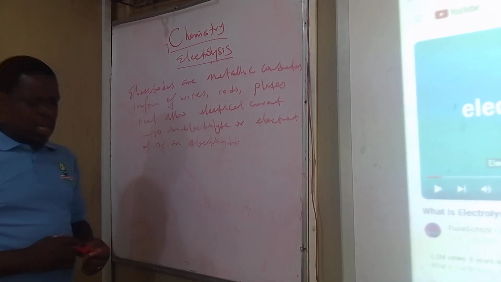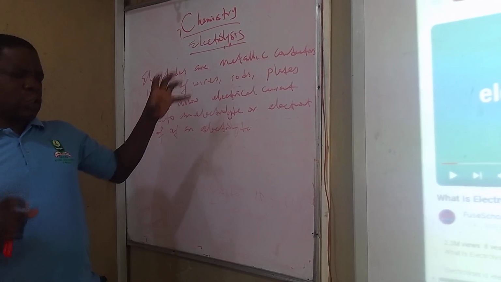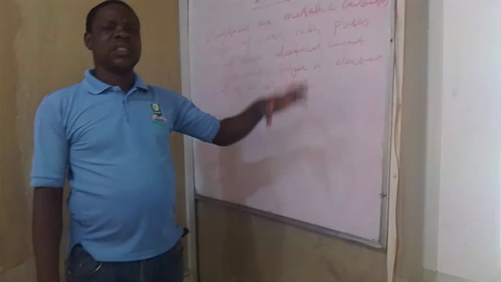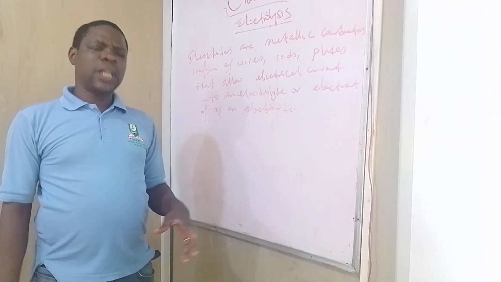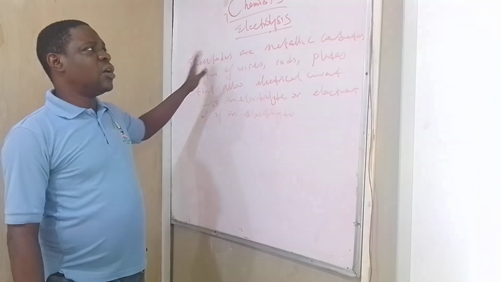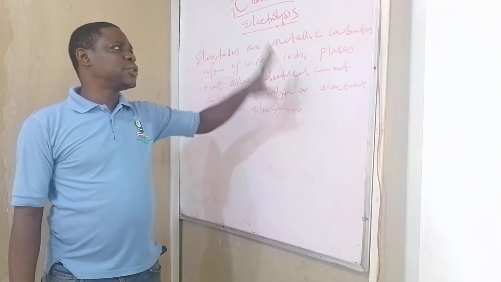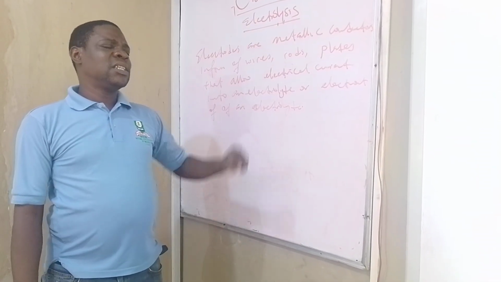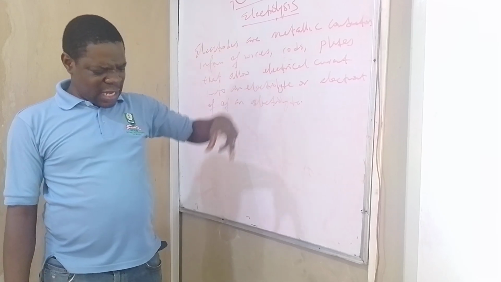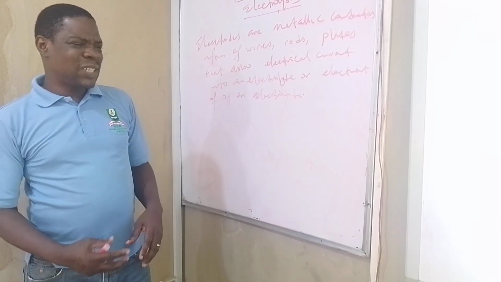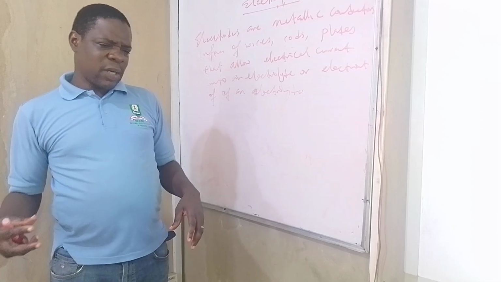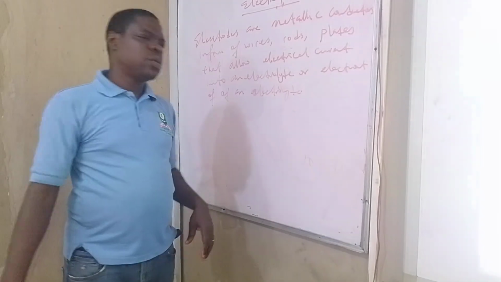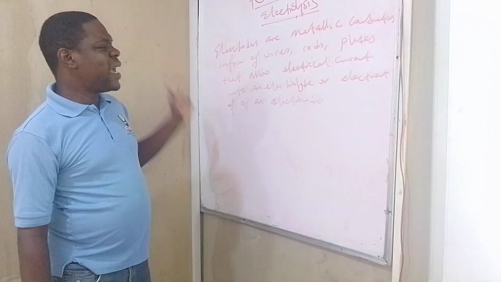So the electrode is the connector between the electrical source and the electrolyte. They allow the passage of electric current into the electrolyte, and also they allow the flow of electrons from the electrolyte into the external circuit.